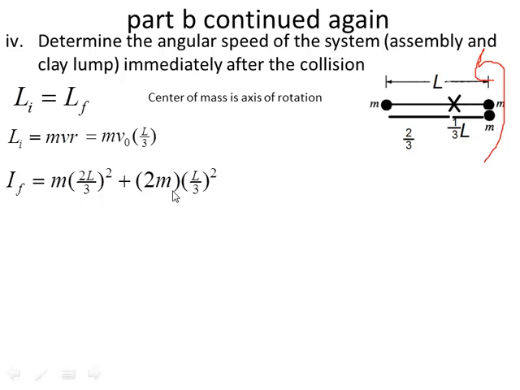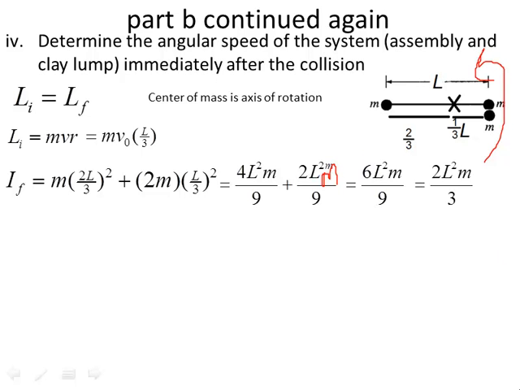That's what I have right here in this formula. And obviously we can simplify that. Oh, and this should be big M. Little typo there. So 4L squared M over 9 plus 2L squared M over 9. Add that all together, and we get 6L squared M over 9. Then obviously that can reduce to 2L squared M over 3.